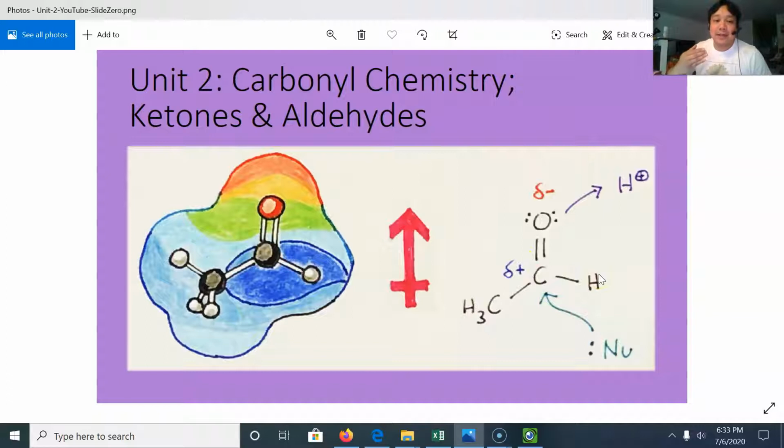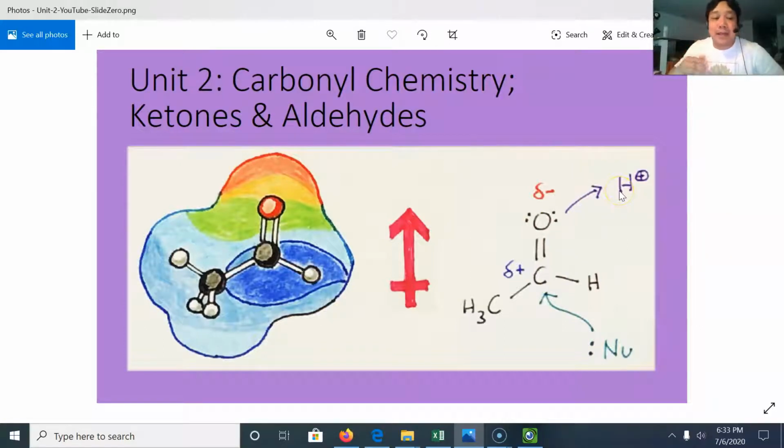Because what this is saying is that due to the dipole of the carbonyl bond, we could have very interesting chemistry. That carbon is attractive to a nucleophile, which is electron rich, right? Nucleophiles are electron rich and they attack electron poor. Not only that, this oxygen is basic, so maybe even before the nucleophile attacks, this oxygen is protonated.